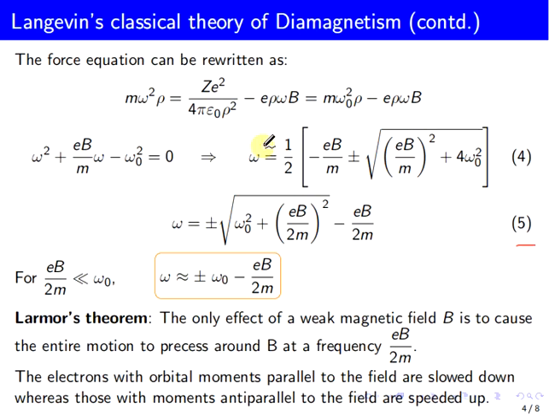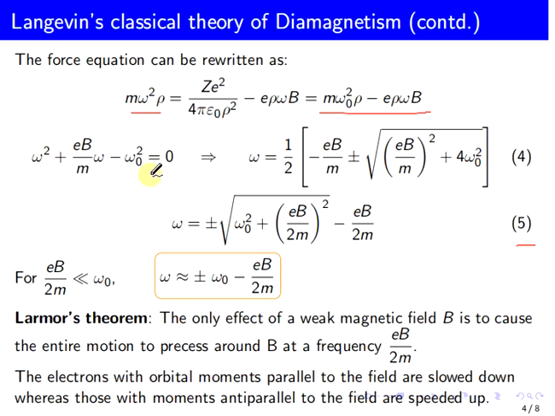So this equation can be simplified in this format, that is omega square plus EB by m into omega minus omega 0 square is equal to 0. Now this equation can be simplified.